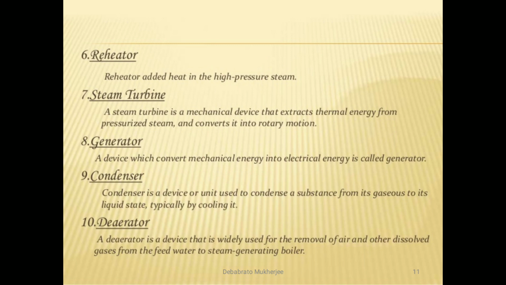That is the kinetic energy which I told you just before. Generator, it is a device which converts mechanical energy to electrical energy. Condenser is used to condense a gaseous substance into a liquid state. The ejector is widely used for the removal of air.